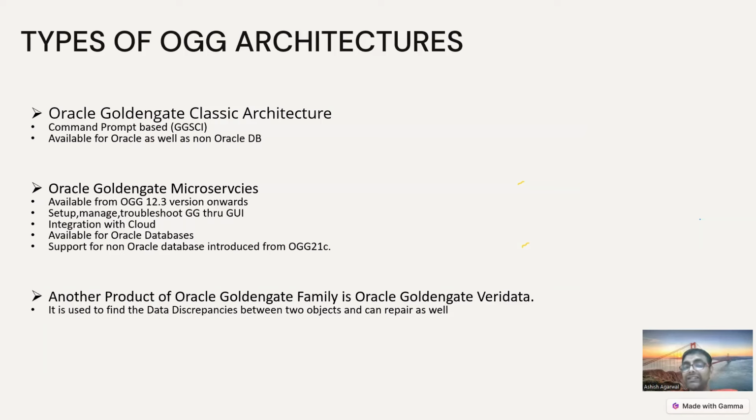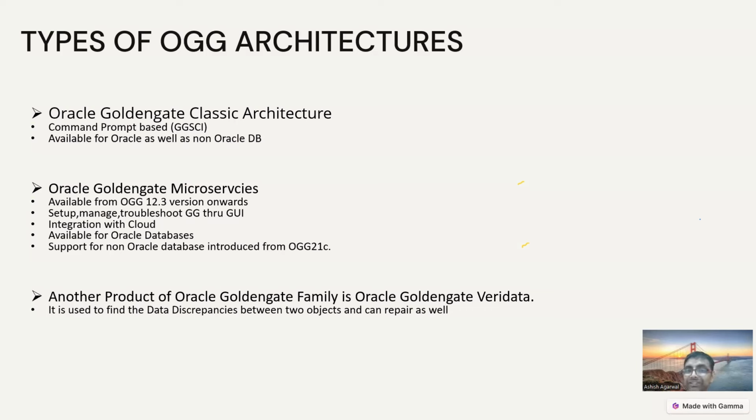Classic architecture, since the beginning, is available for Oracle as well as non-Oracle databases. Then in August 2017, they launched microservices architecture, which is available from GoldenGate version 12.3 onwards. It allows you to set up, manage, troubleshoot and configure GoldenGate through a GUI.